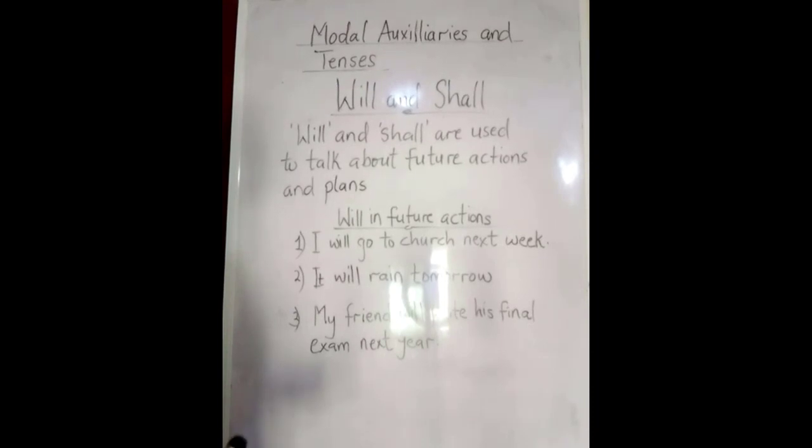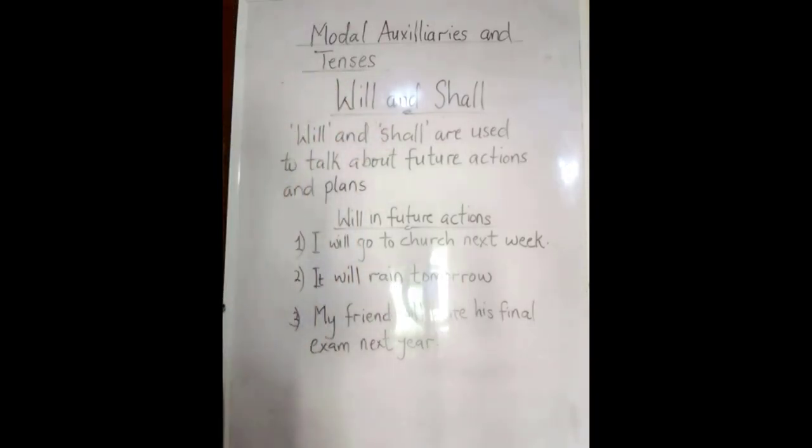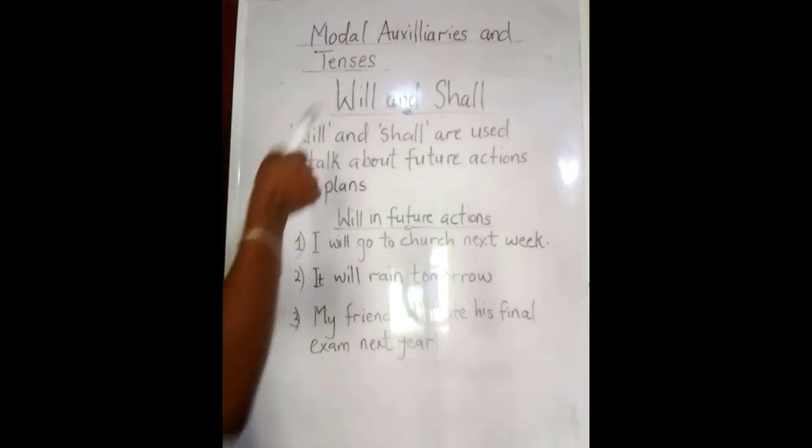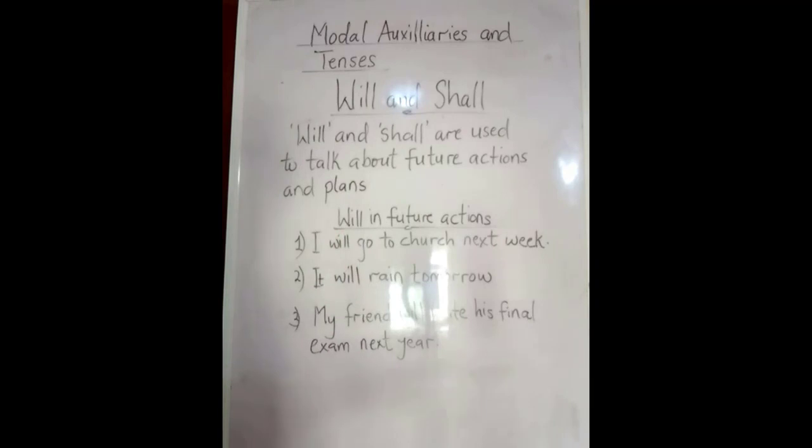So the last set of modal verbs that we'll be looking at in terms of being used to express tenses is the set that contains will and shall. I think there is another set after this, but for now we are looking at will and shall.